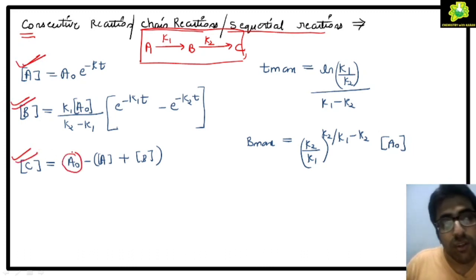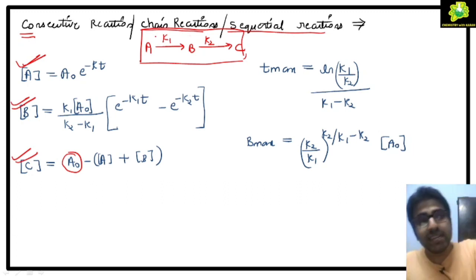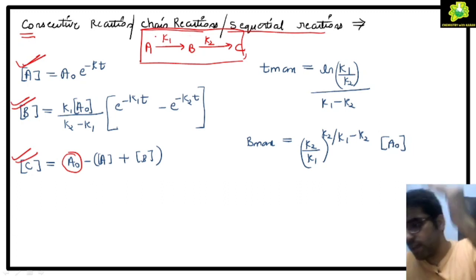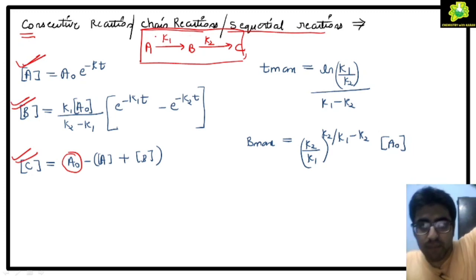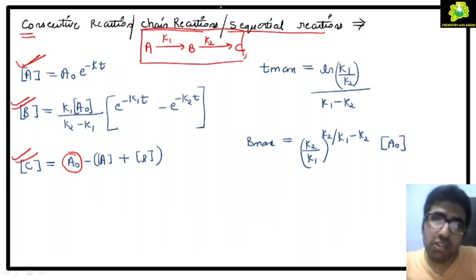A0 is the initial concentration which you will be taking. And how it proceeds is, first of all, A will be reacting to give B, A will get consumed and B will start forming. Then B will reach its maximum and then B will start decomposing to form C. The time at which the concentration of B, the intermediate, is maximum is known as Tmax.